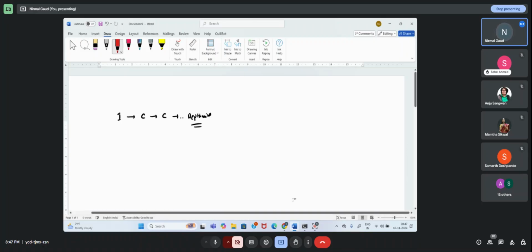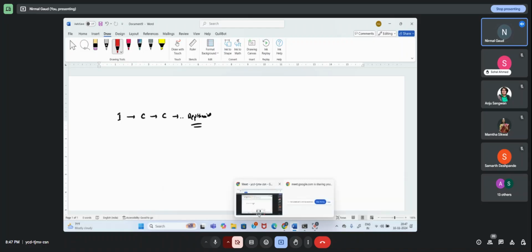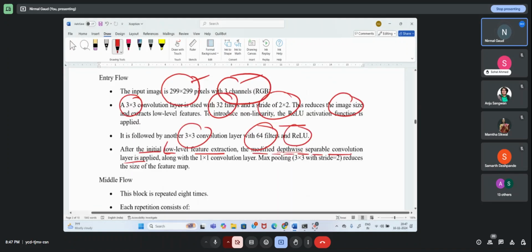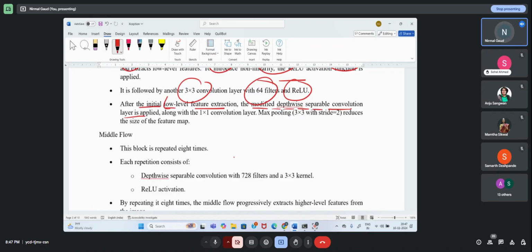After the initial low level feature extraction, whatever you extracted, the modified depthwise convolution layer is applied along with 1 cross 1 convolution.